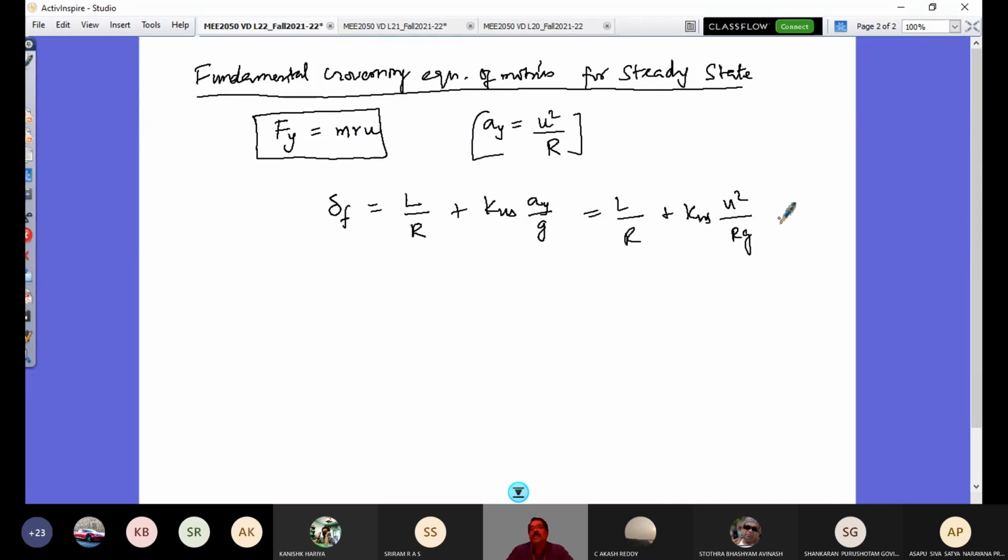This is equation number 6, the fundamental governing equation of steady state motion.